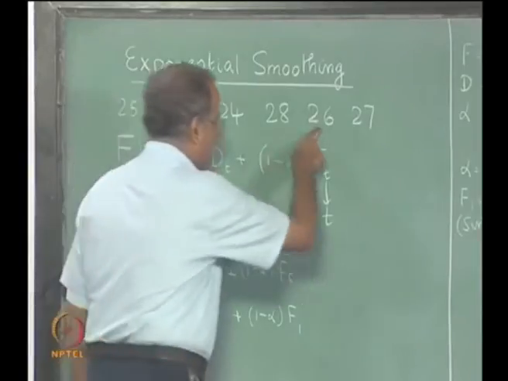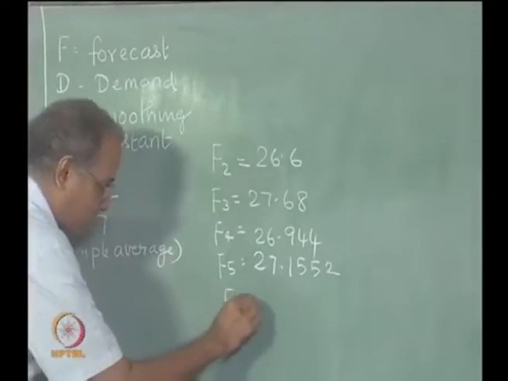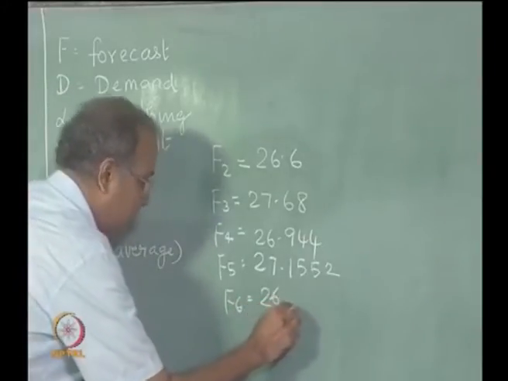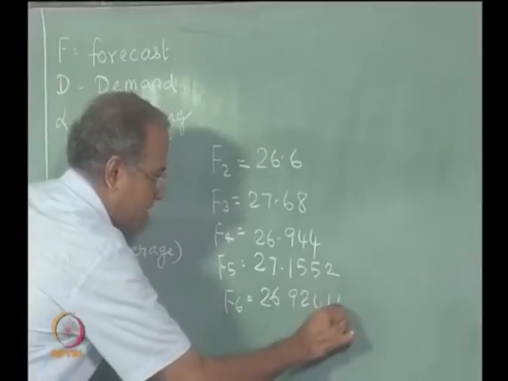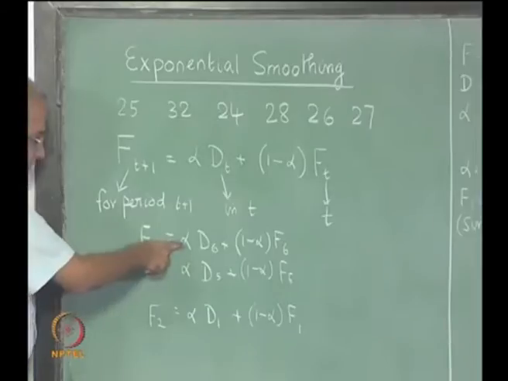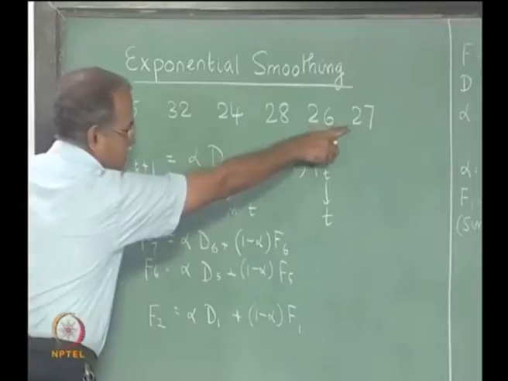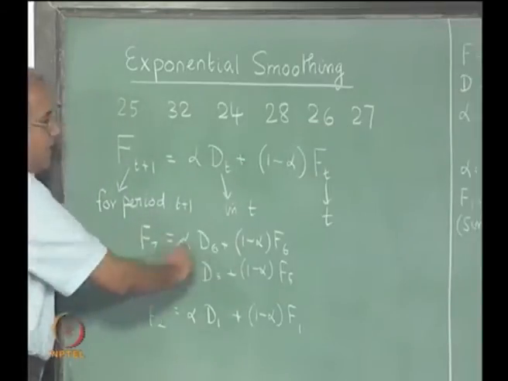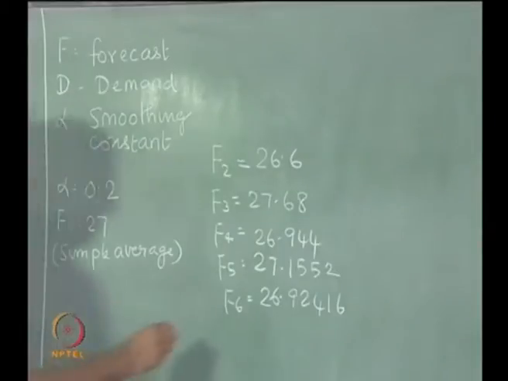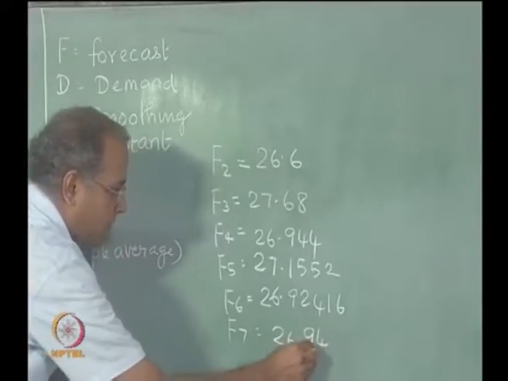So it is 0.2 into 26 plus 0.8 into 27.1552, which would give 26.92416. Once F6 is calculated, F7 is alpha D6 plus 1 minus alpha F6, 0.2 into 27 plus 0.8 into 26.92416. So F7 will become 26.94.